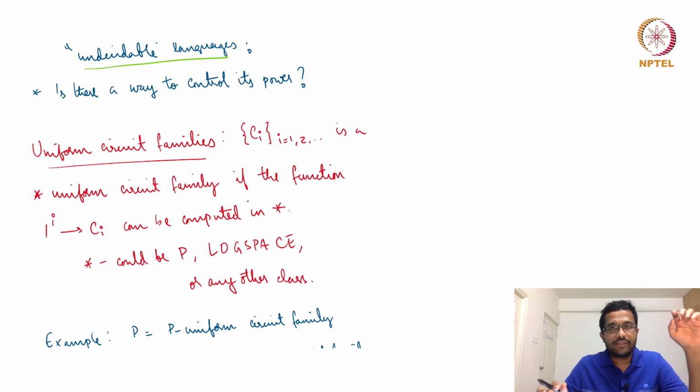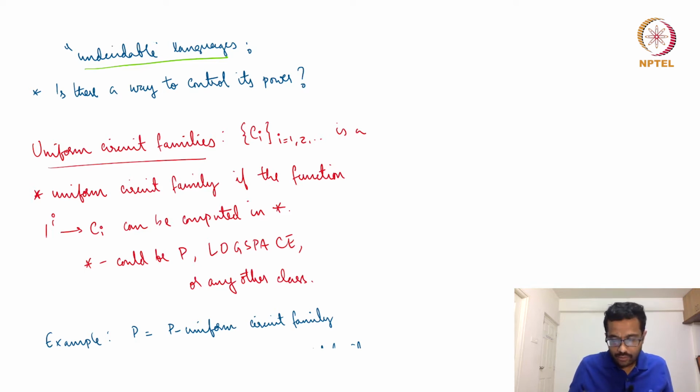A set of circuits is called a uniform circuit family if there is a function, computable by a certain computational power, that describes the circuits. That function should take as input a unary representation of the input length.